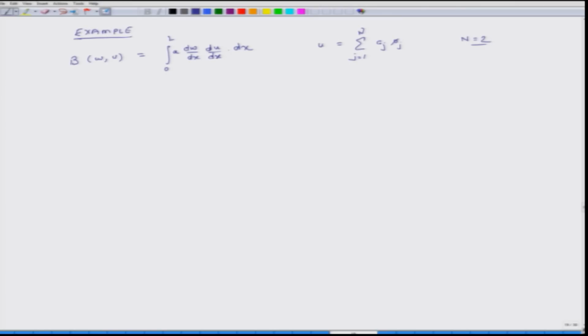Let us calculate how we figure out the terms in that matrix.